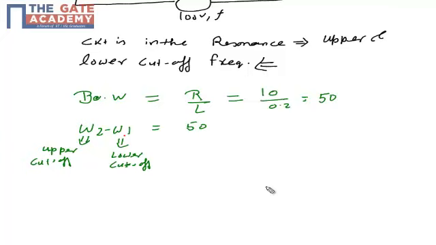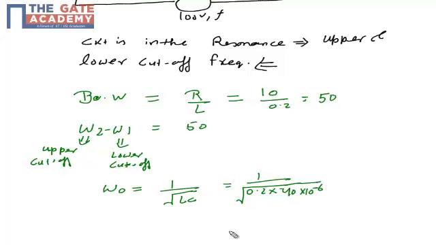With the same formulas, we know that omega naught is defined as 1 by root LC. My resonance frequency is defined as 1 upon root LC, which is equal to root of 0.2 multiplied by 40 micro, which is 40 into 10 raised to the power minus 6.